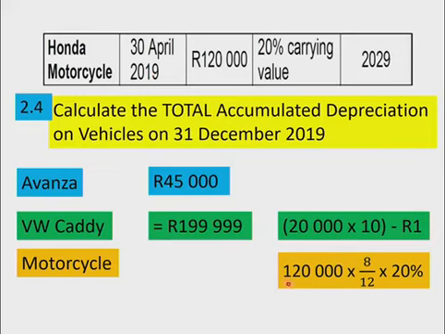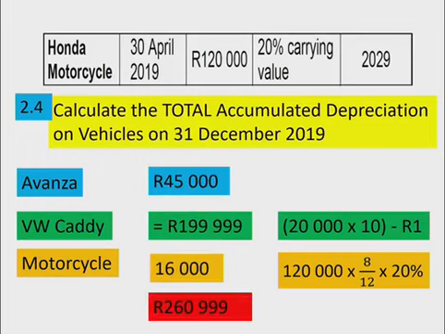So now all we have to do is take the cost price, which is 120,000, times 20%, times the number of months that we own the Honda. In other words, from the 30th of April until the 31st of December. So we're owning it for 8 months. Therefore, the value will depreciate only for 8 months. It will give me 16,000.